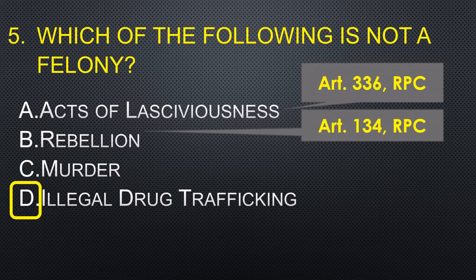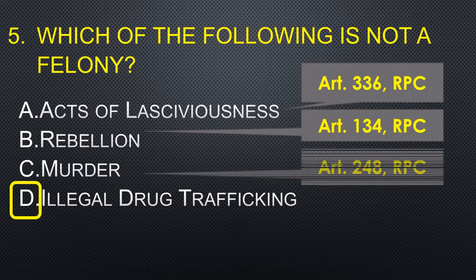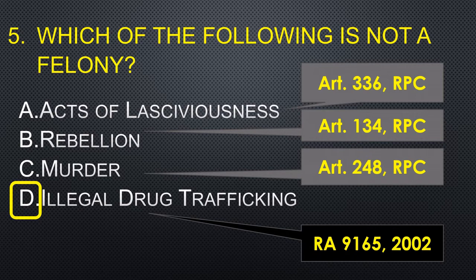On the other hand, illegal drug trafficking is punishable by Republic Act 9165 or the Comprehensive Dangerous Drugs Act of 2002. So A, B, and C are all felonies. Letter D is an offense under the Philippine classification of crimes.